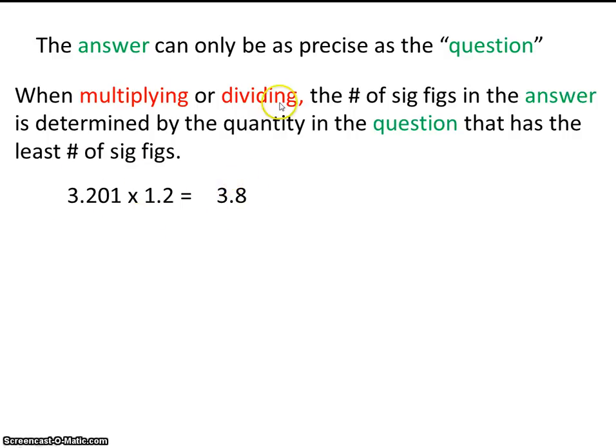So when multiplying or dividing, the number of sig figs in the answer, you can see this has 2 sig figs, is determined by the quantity in the question, so by one of these, that has the least number of sig figs. You can see that this number has 4 sig figs, and this number here has 2 sig figs. So the fact that this number has 2 sig figs limits us to an answer with 2 sig figs.